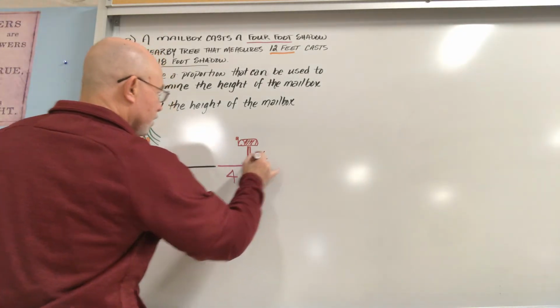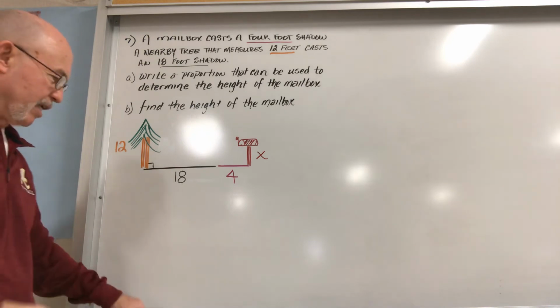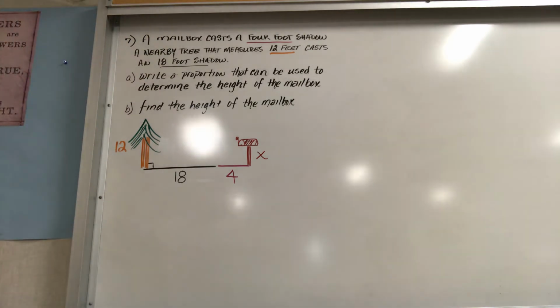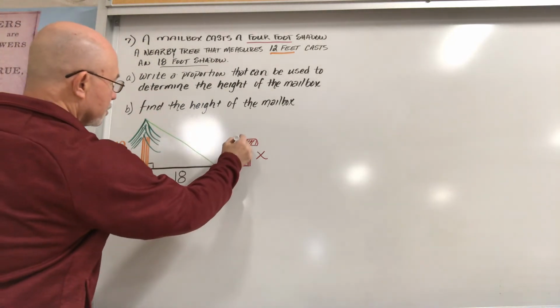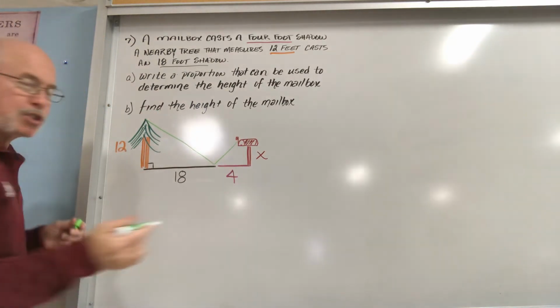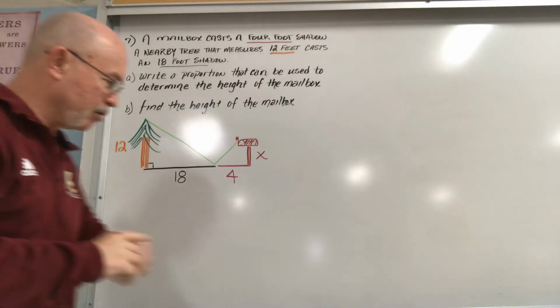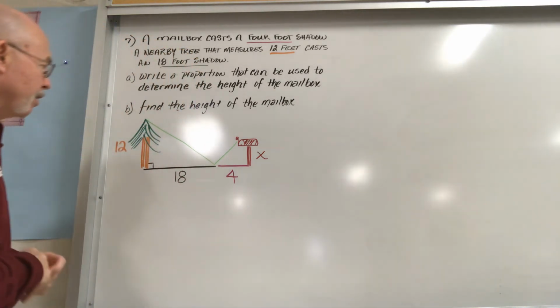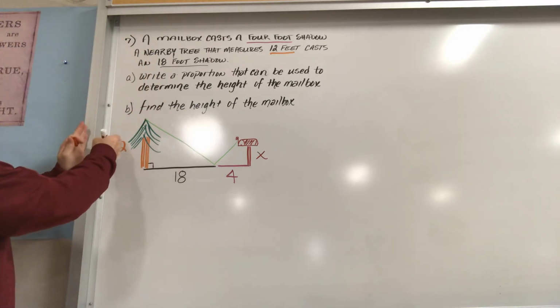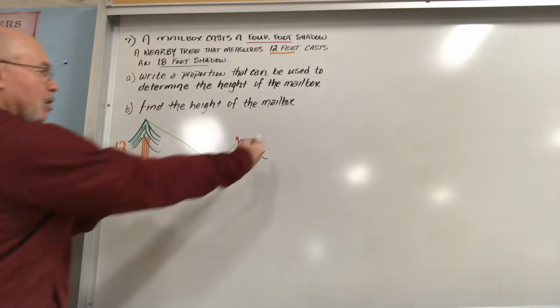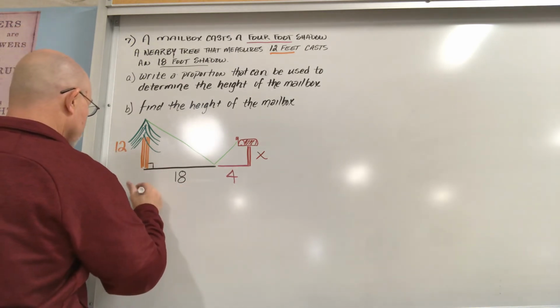So if we want to look at this maybe a little differently, look at what we have: two similar triangles. Now we can set up our proportion. I'm going to go height over shadow, height over shadow.